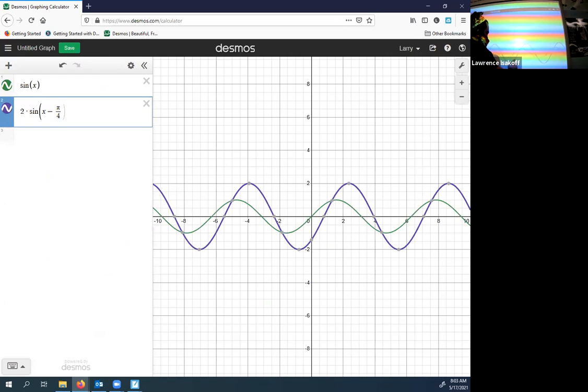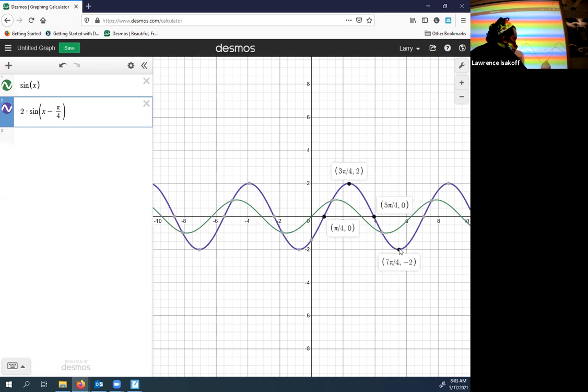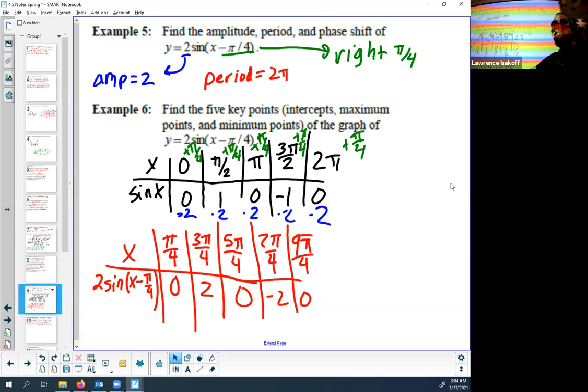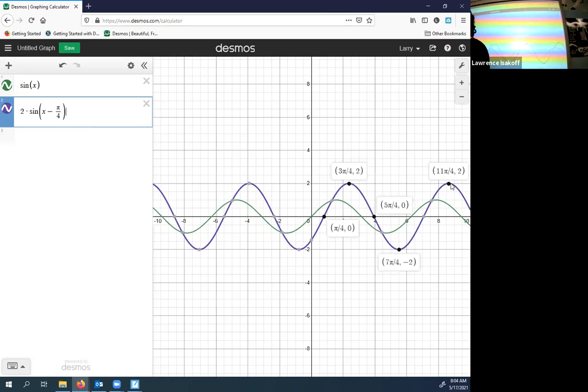So I notice here, my blue graph looks a little odd because it's shifted over. But if I click on here, all those are the same critical values I had before. So look, pi over 4 comma 0, 3 pi over 4 comma 2, all that. That's the same table right here by just clicking on my max and mins.